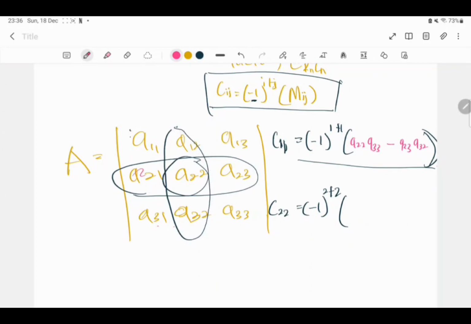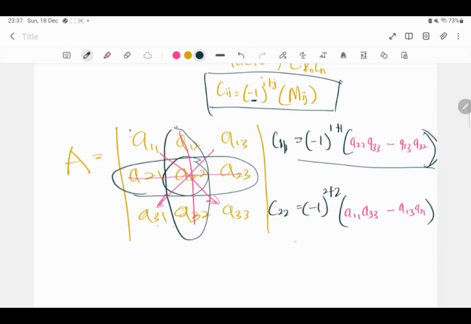We neglect the circle and look at the remaining elements, which is A11 times A33 minus A13 times A31.